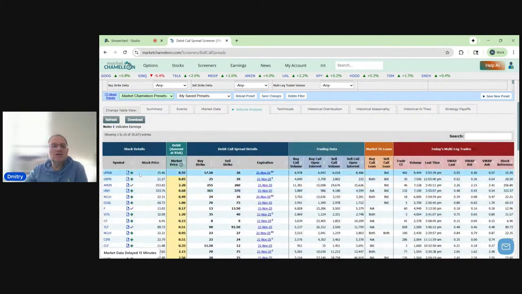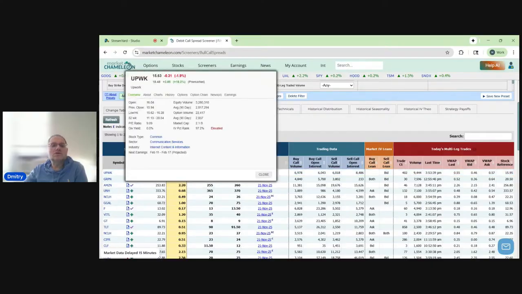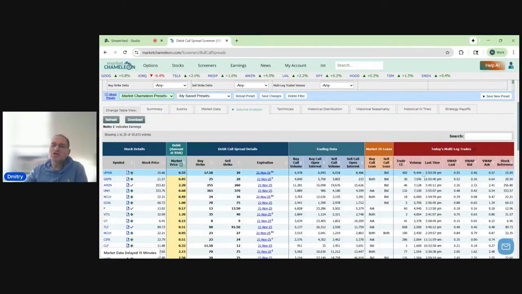So here we see the symbol UPWK, I think that's Upwork. Yesterday it traded 9,444 contracts in the November 21st, buying the 17 and a half strike and the 20 strike.